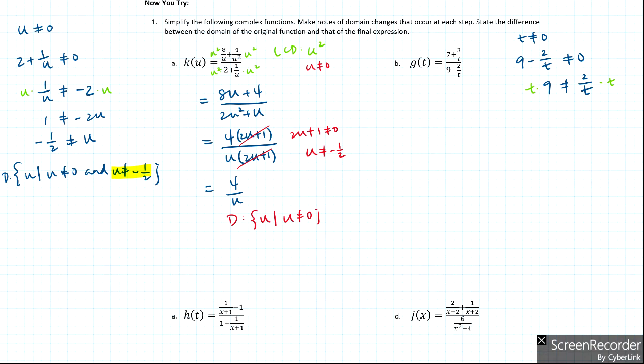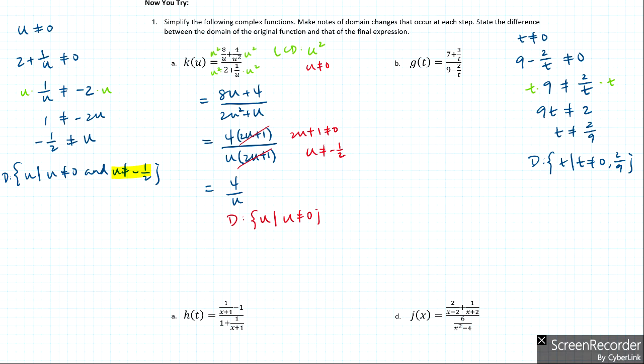And again, that's based on the fact t doesn't equal 0, or the domain restriction, t doesn't equal 0, which we listed. And 9t doesn't equal 2, and therefore t doesn't equal 2 over 9. So the domain was t such that t doesn't equal 0 or 2/9.